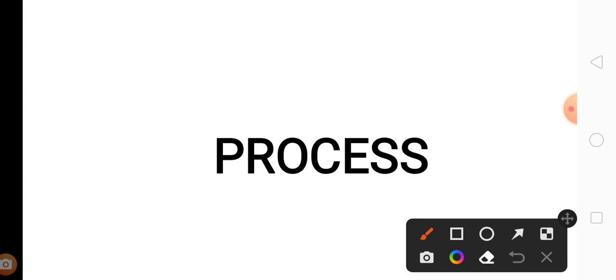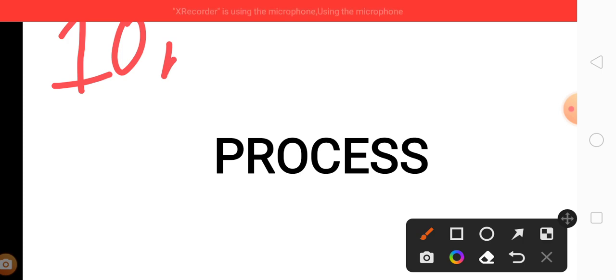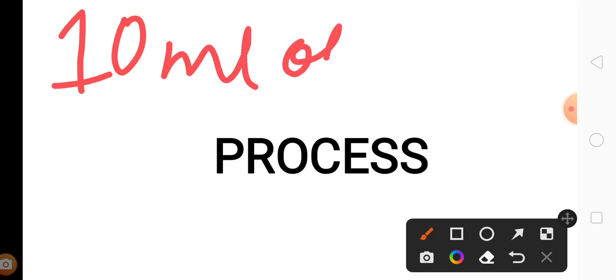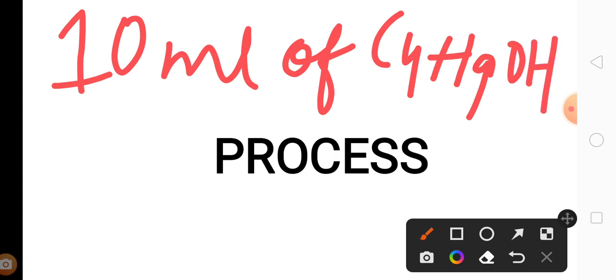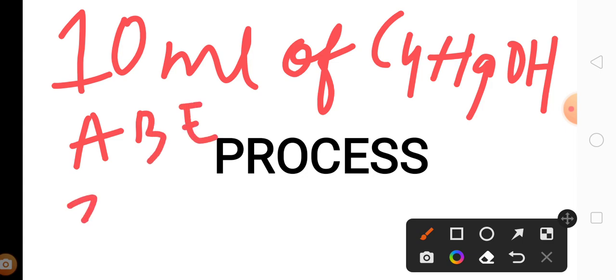Let me explain it more clearly with an example. Suppose we are producing 10 ml of butanol. So during our fermentation process, we know ABE will be produced. They are produced in what ratio? 3:6:1.